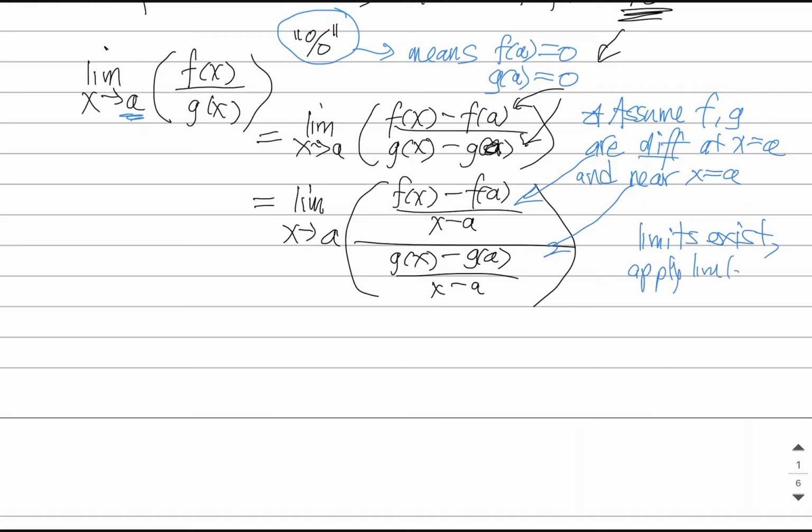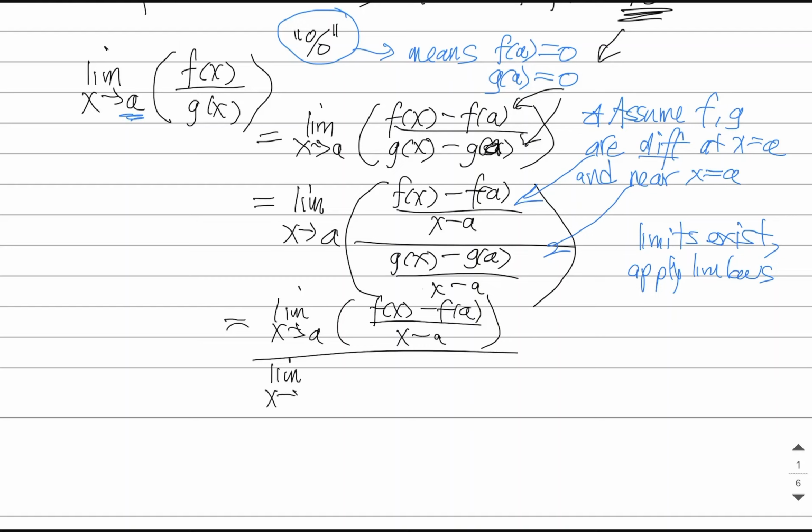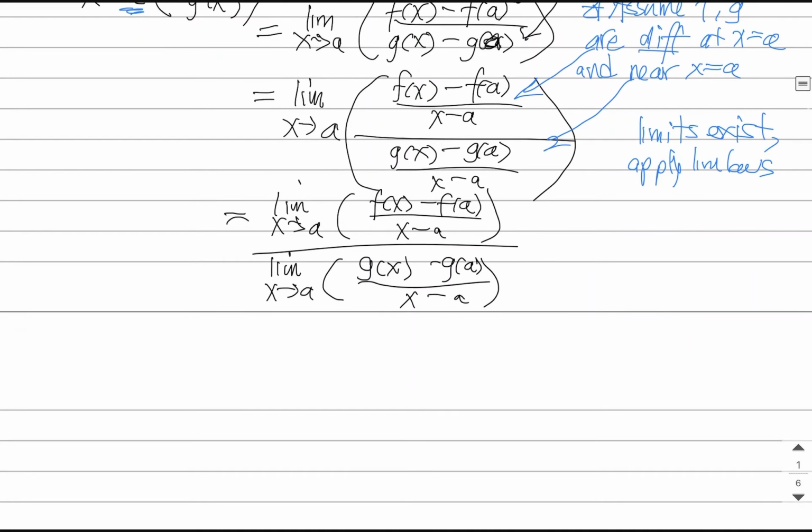So I'm able to split this up into the limit of the stuff upstairs, which is just the derivative of the function f at the point a, over the limit of the stuff downstairs. Now, as soon as I get downstairs, I have to be a little bit careful here.